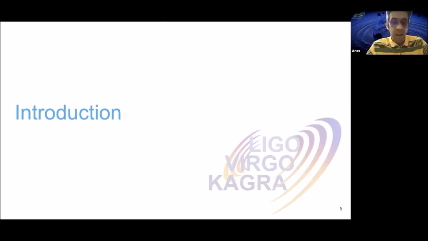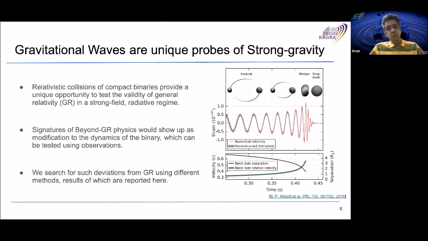Yeah, hi. So I will give you a broad introduction to the topic, though many of you would be experts. So it's good to recall in this context, as we are talking about tests of GR using compact binaries, what are the different stages of its dynamical evolution. We have the early in-spiral, which is well described by post-Newtonian approximation.